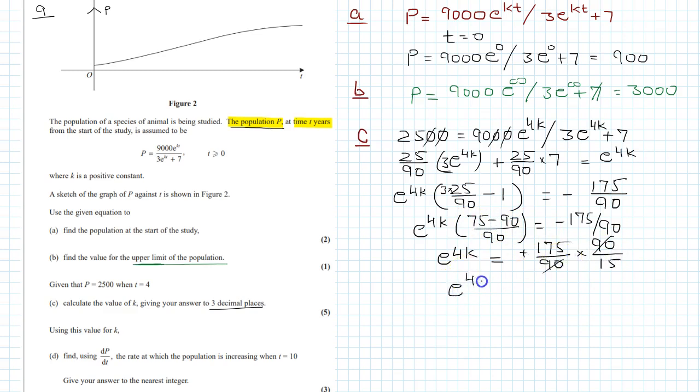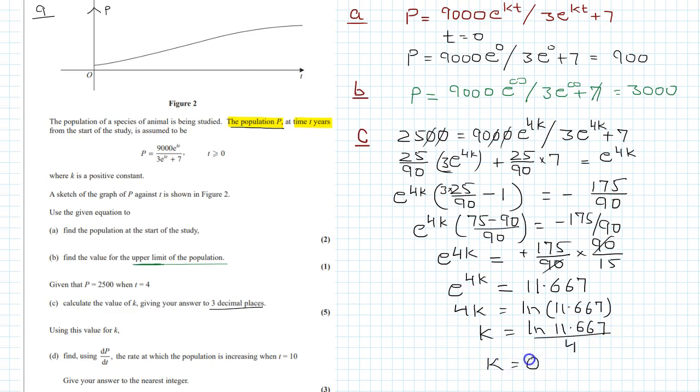So e to the power 4k will be 11.667. So 4k will be ln 11.667. So k will be ln 11.667 divided by 4. So the value of k will be 0.6141. So that is equal to 0.614, that is 3 decimal places.